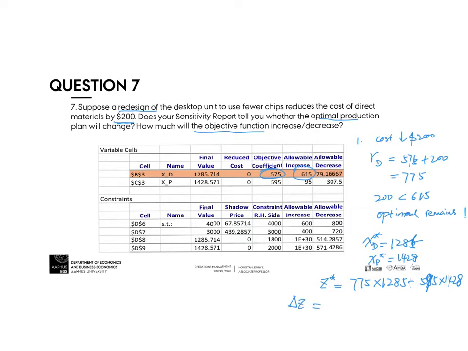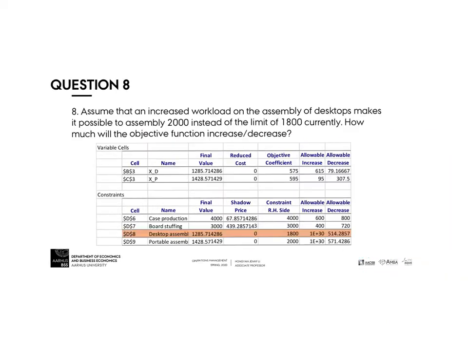So the total contribution margin will increase by 200 times xd, which is about $700. So your objective function will increase by this quantity. That's how you answer this question.